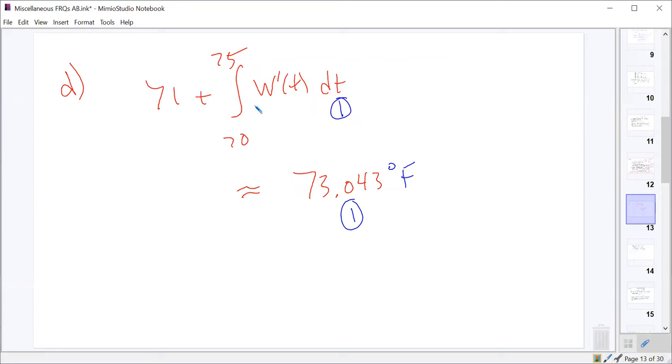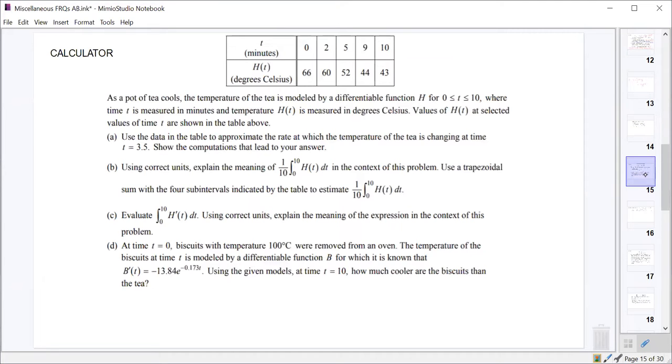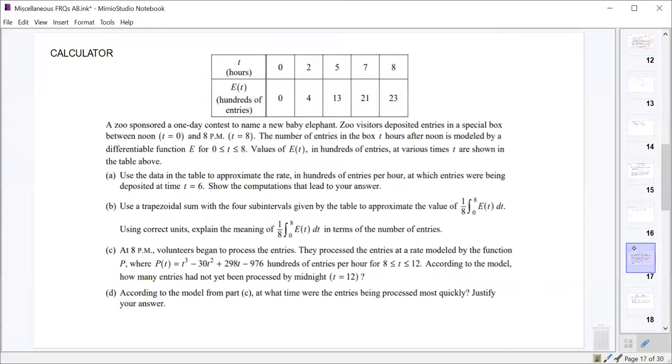We don't have time to do another one. We're going to have a quiz tomorrow. Like I said, we'll do a calculator one. Maybe do this one about the teapot tonight. It might be good practice. If you have questions on it, just send me a Remind message. There's another calculator one, or maybe this one about the zoo and the baby elephants.